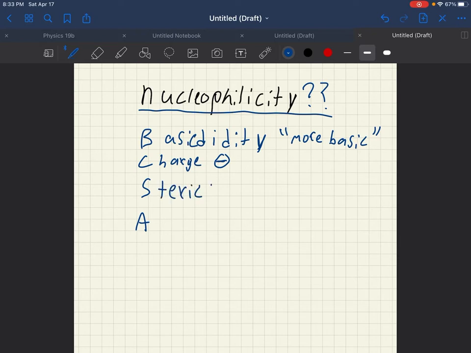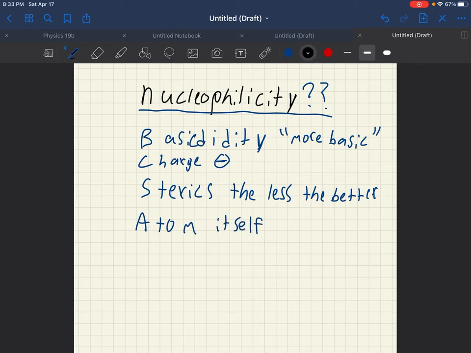The third thing is sterics. My bad, did not mean to put that. The less sterics, the better. You want it to be like a missile. Another thing to keep in mind is the atom itself.